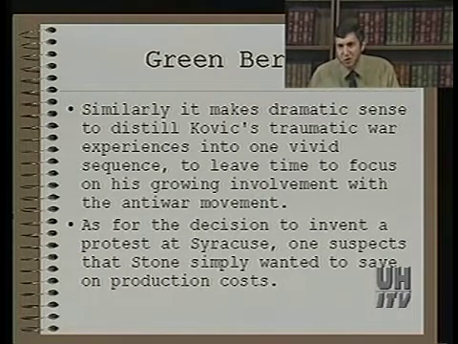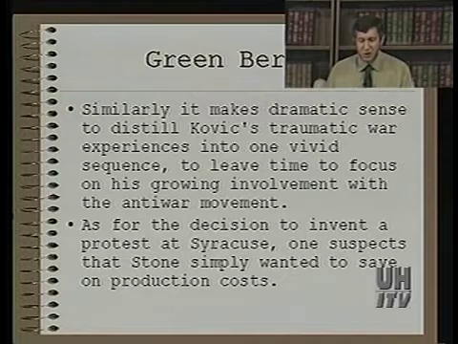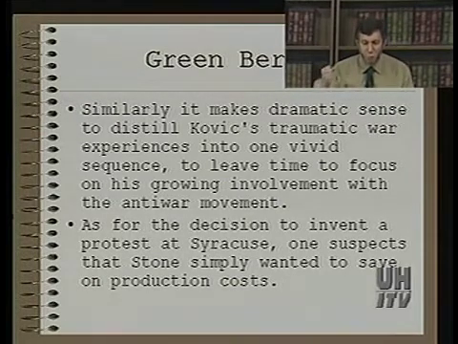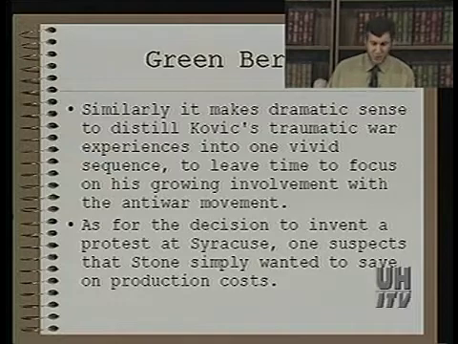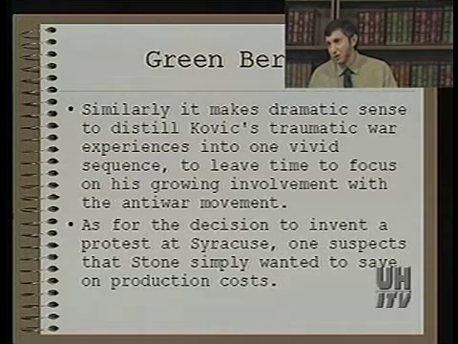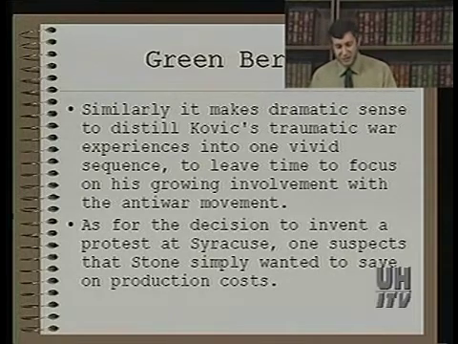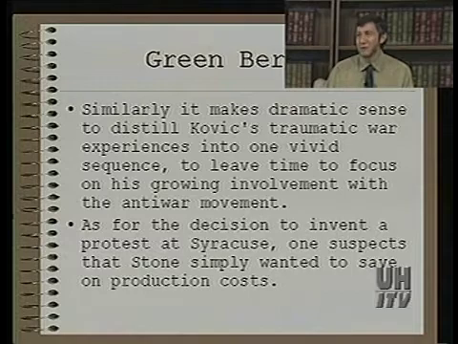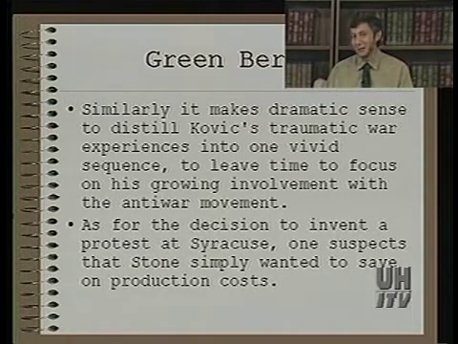Similarly, it makes dramatic sense to distill Kovic's traumatic war experiences into one vivid sequence. That leaves you more time to focus on his involvement with the anti-war movement. As for the decision to move the demonstration to Syracuse University, that makes sense for economic reasons.